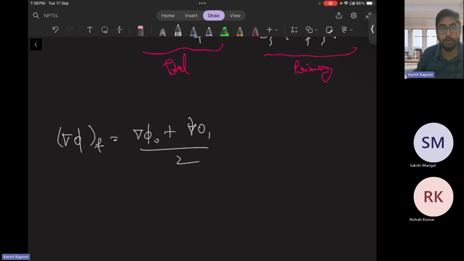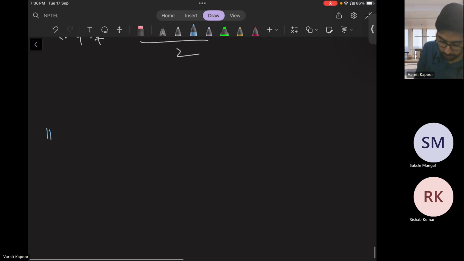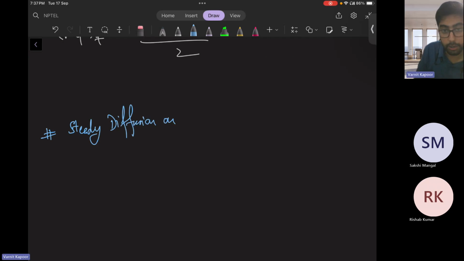For steady diffusion, orthogonal and non-orthogonal kinds of meshes. All right, so let us proceed further. That is steady diffusion on non-orthogonal meshes.